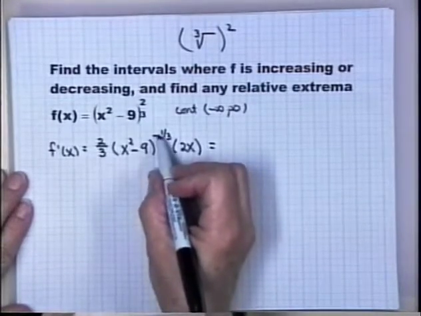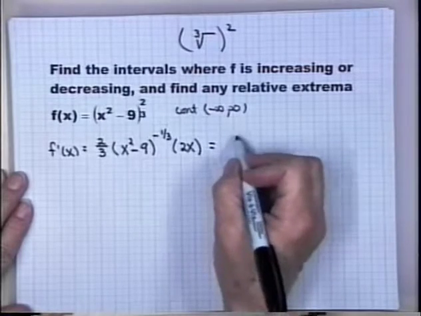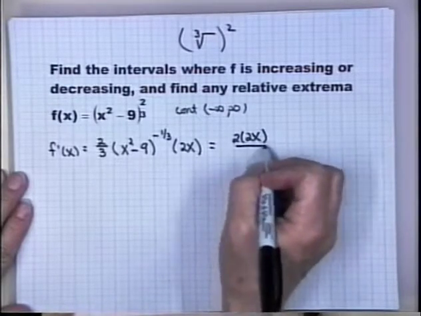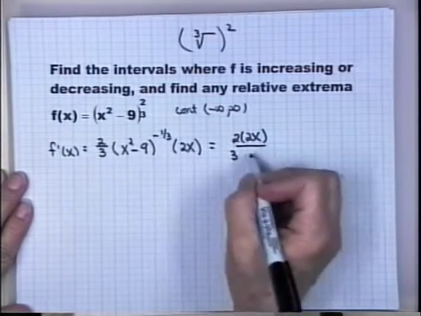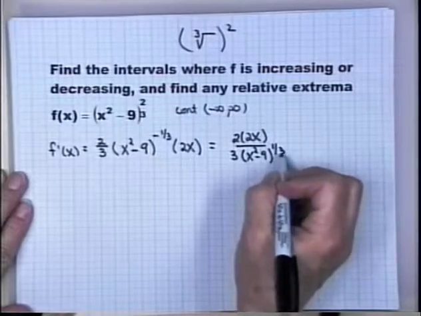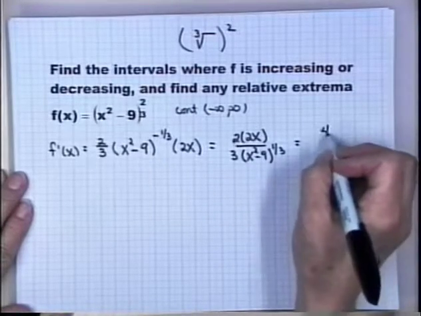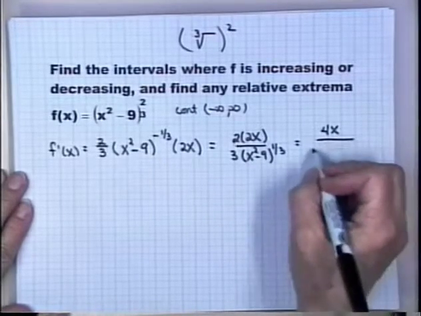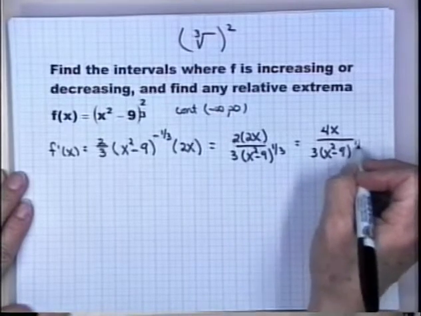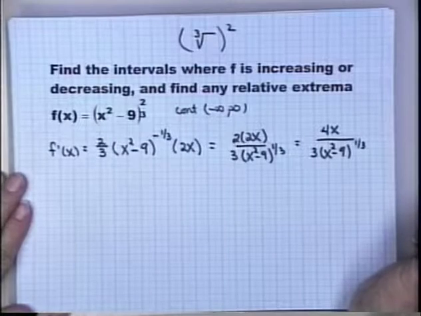Because of this negative power, we're going to slide that underneath. So the 2 times the 2x will be left on top. The 3 is already down there, and then we're going to bring this down, x squared minus 9 to the positive 1/3. Finally, I'm just going to go ahead and write that as 4x over 3 times x squared minus 9 to the 1/3 power.